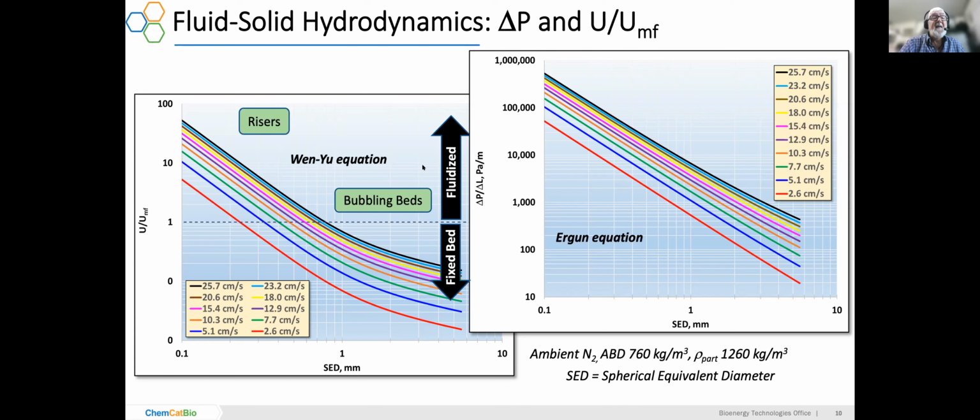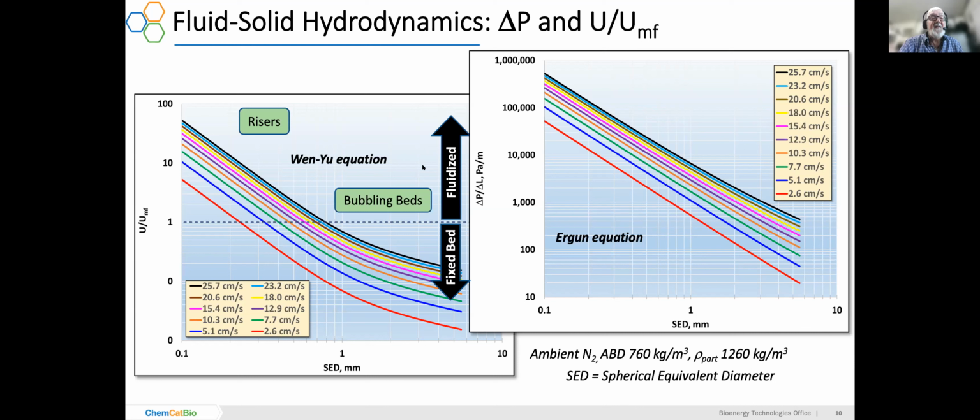And basically, you can see clearly that as you go to smaller particles and higher gas velocities, you exceed the minimum fluidization velocity by orders of magnitude. That's what you want for something like a riser, where you really want dilute flow and very short residence time. And that's practiced today in modern short contact time FCC units.